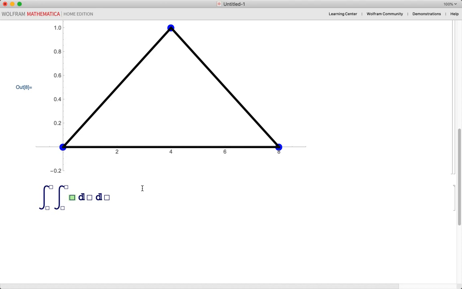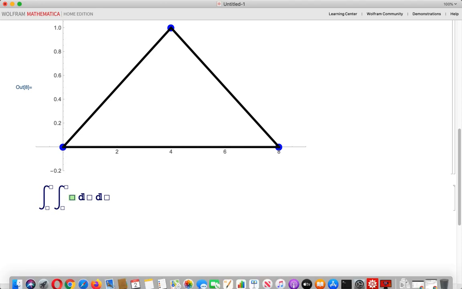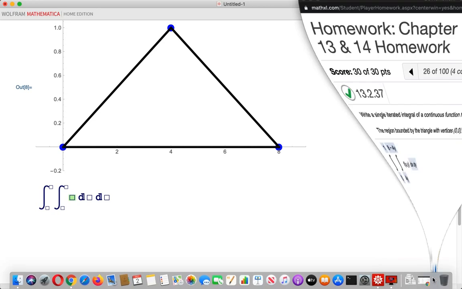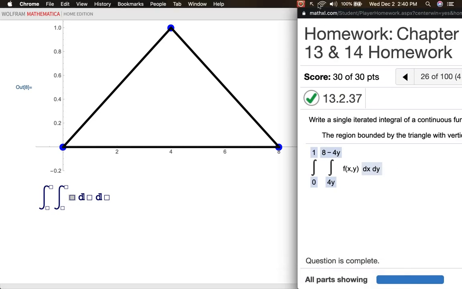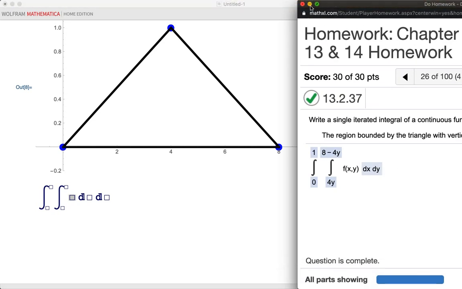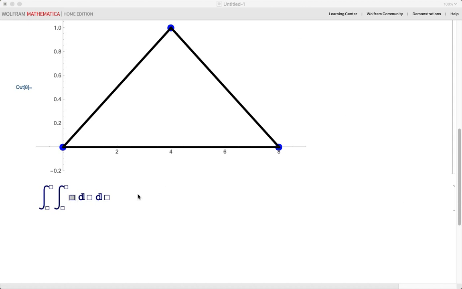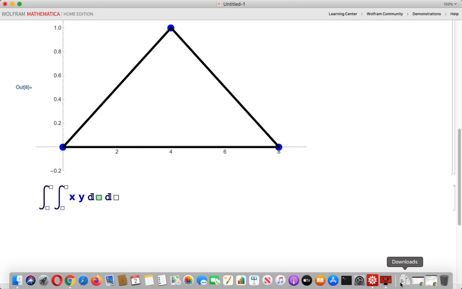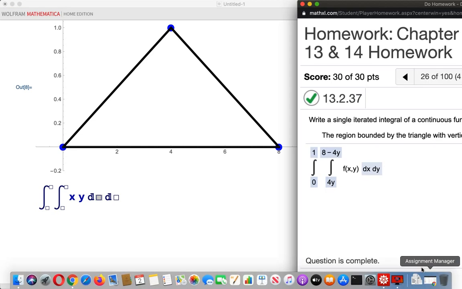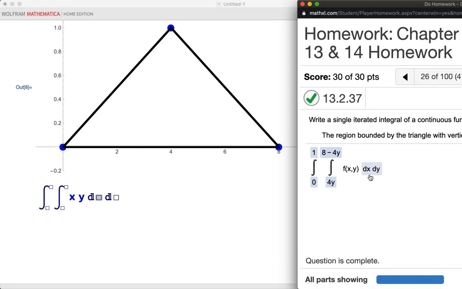Let's actually use an example. So here it just tells you f of x and y. We'll say f of x and y is x times y. And then for this problem, they're integrating first with respect to x and then with respect to y.